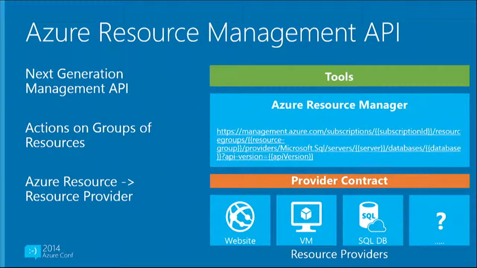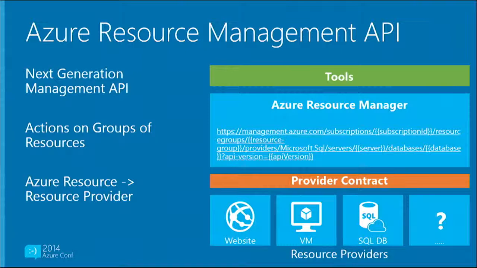When we look at Azure Resource Manager, it works a little bit different. It's really that next generation API that our tools can take advantage of. So if we start here at the bottom and work our way up, we can see that we have different resources, and those different resources, like a website, a database, so forth, are actually different resource providers. So every new item that is lit up in the new preview portal is a way to work with those new resources.